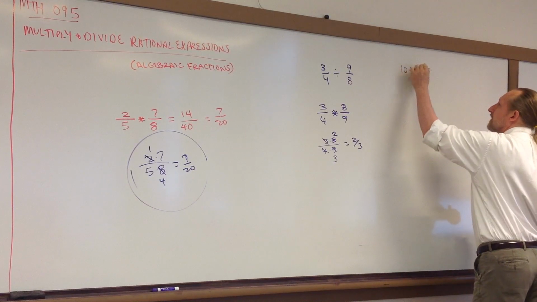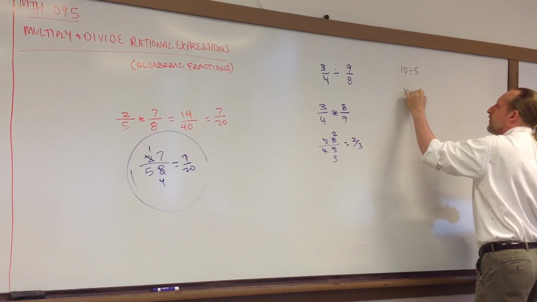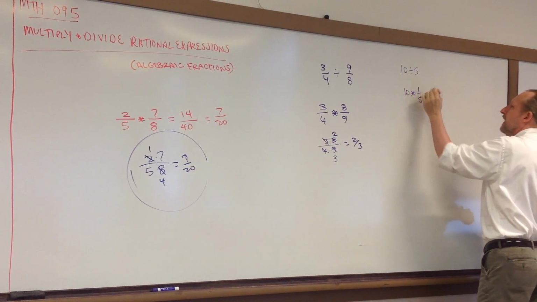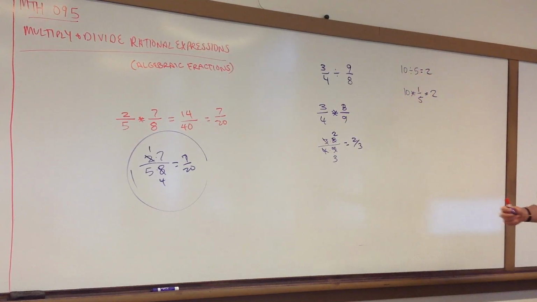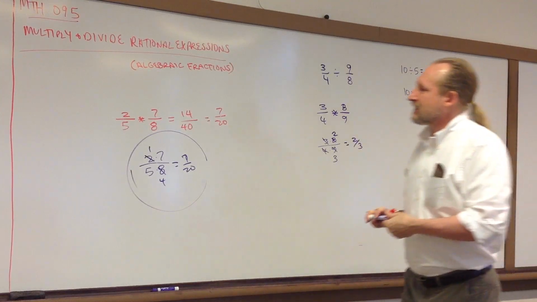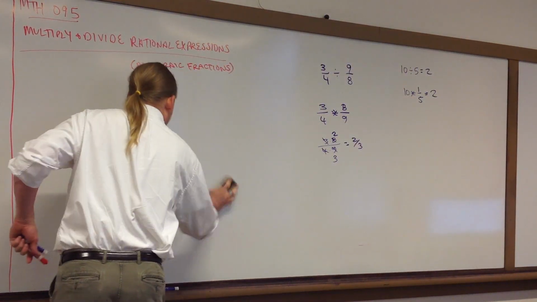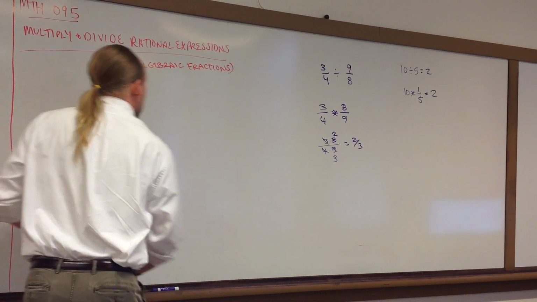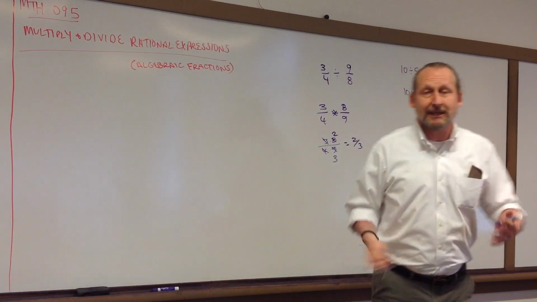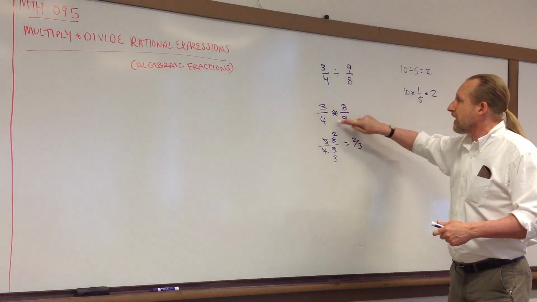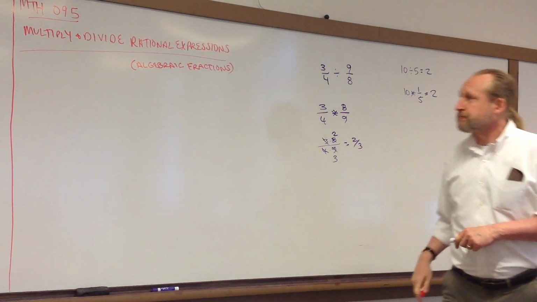So if we're doing 10 divided by 5, we can calculate that as 10 times 1/5, and that'll give us 2 either way. But like I said, that's not really very satisfying. So let's look at it a little bit closer, and then come up with 2 different explanations, I think, that pretty clearly show why, if you want to divide by a fraction, you should multiply by its reciprocal.